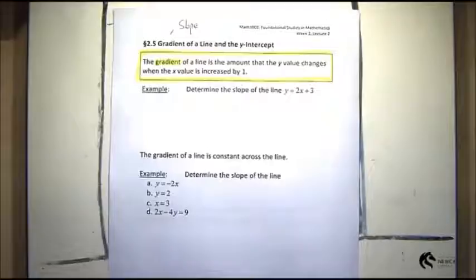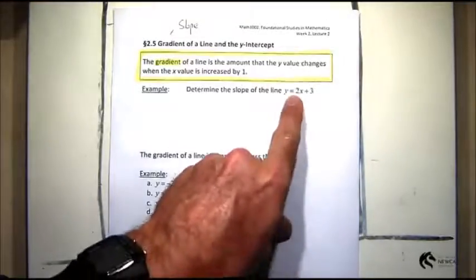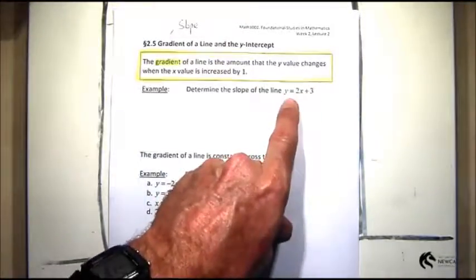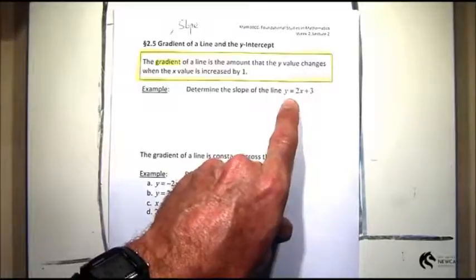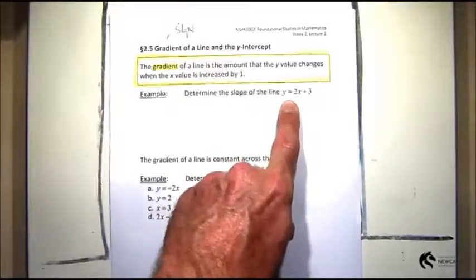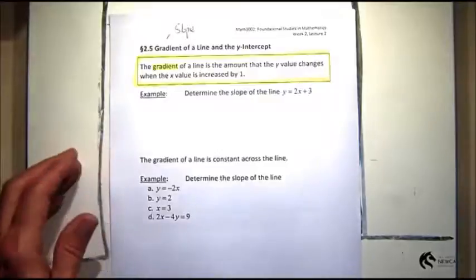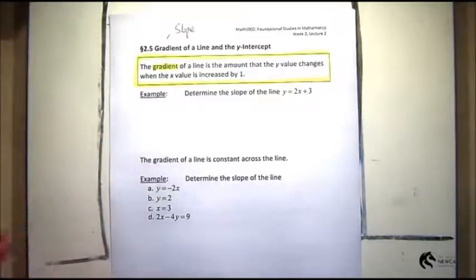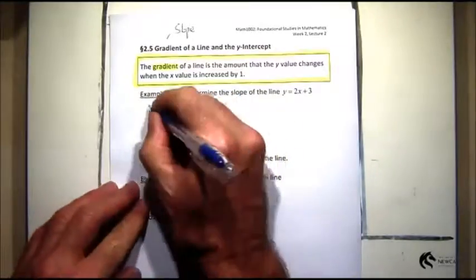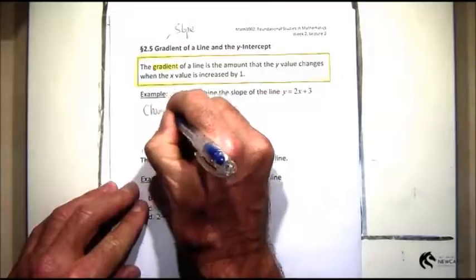So if I have this line here, y is equal to 2x plus 3. That's a linear equation. We know its graph is a line. So what I'm going to do is I'm going to choose a value for x. So let me choose, for example, x equal to 0.